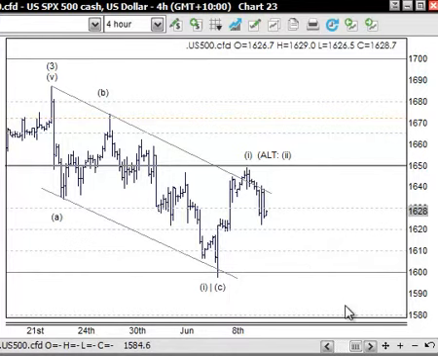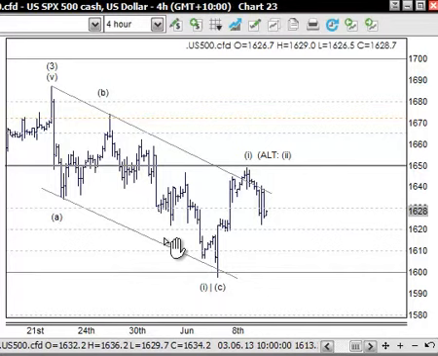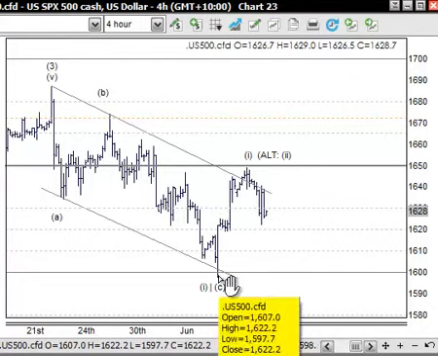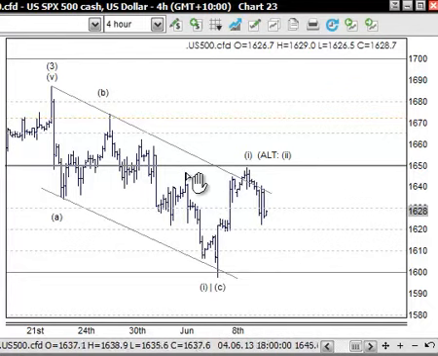Now, as I've mentioned before, there is a bit of a problem with the A, the B, and the C wave down through here, and that is that in the C wave here, and it's on the cash as well, the wave 1, 2, 3, 4, and 5 here counts quite nicely. However, the wave 4 here moves up into the price territory of wave 1 coming down.